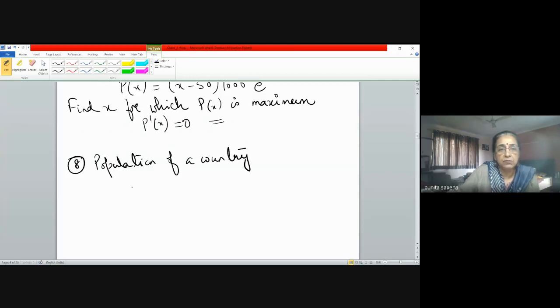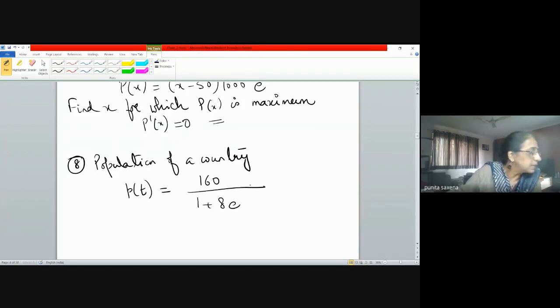So t years from now, the population of a country will be given by 160 upon 1 plus 8 e to the power minus 0.01 t. Okay, this is how the population is going to behave. Okay, this many million. After t years, this will be the population of a country.